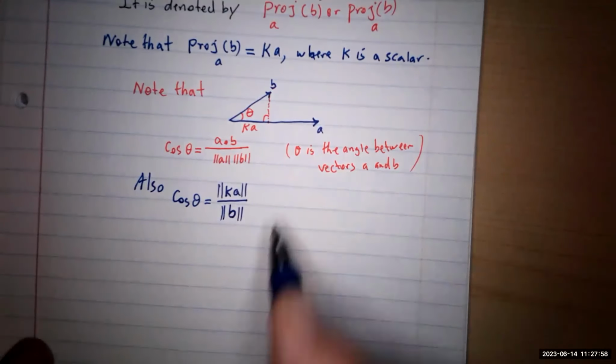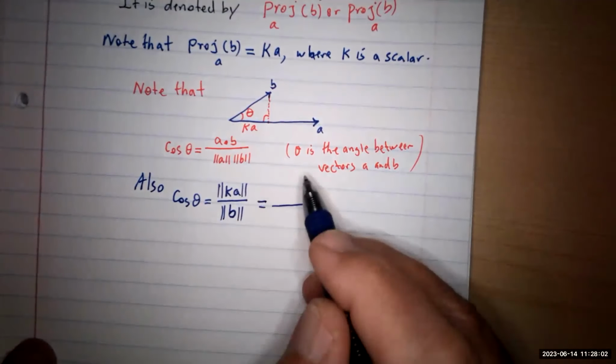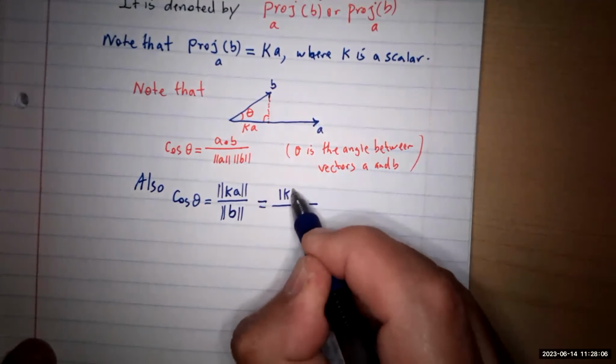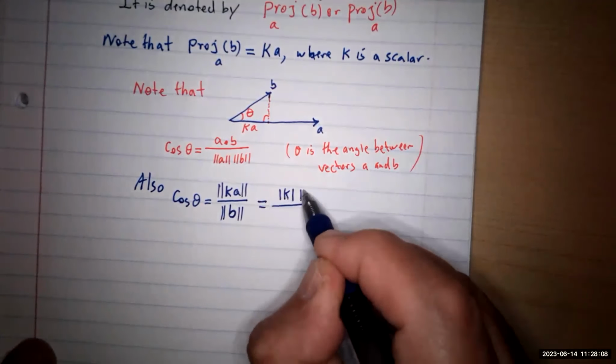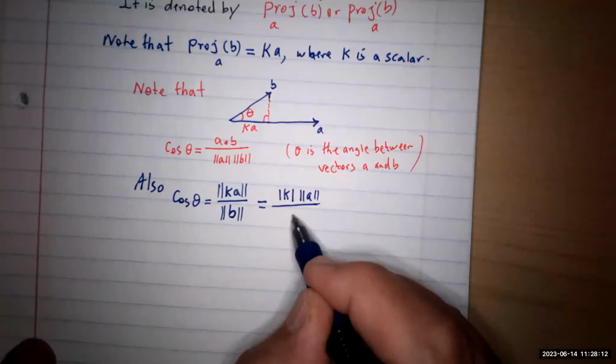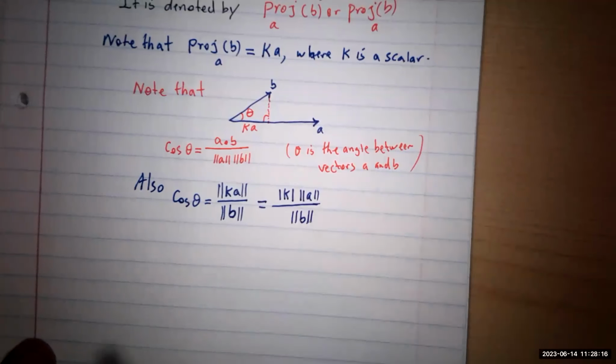And so I continue on the top. Remember, K is a number, so I can put it out. Use the absolute value of K if you like. Then this is going to be the norm of the A, and this is going to be the norm of the B. Okay, there you are. We're almost done.